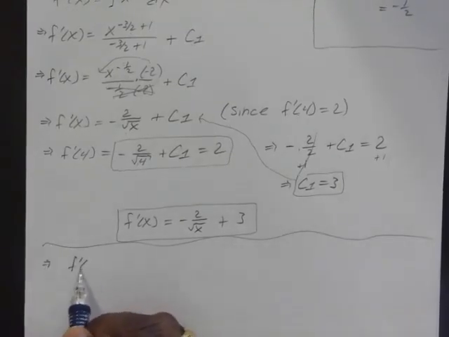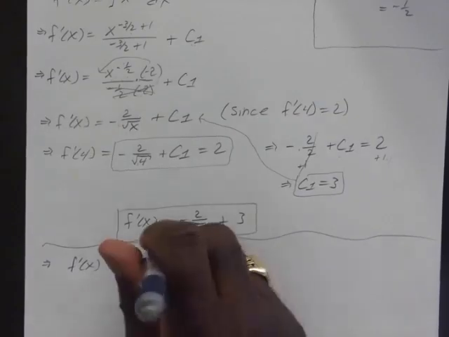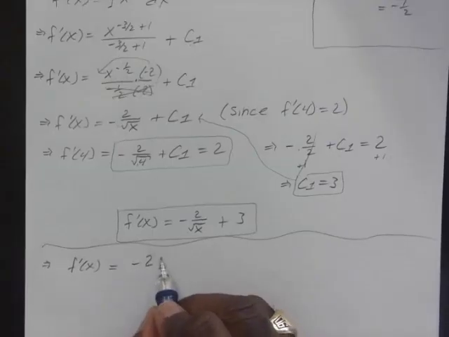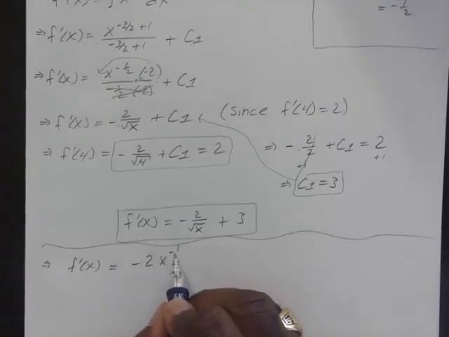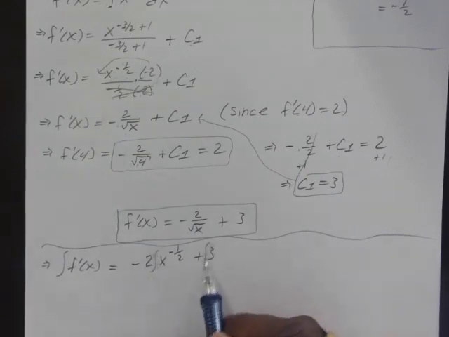Okay, so since we know that f prime of x is equal to -2 divided by square root of x, just to save a step, we'll write that as -2 times x to the -1/2 power plus 3. Okay, so once again, we take the antiderivative of each term.